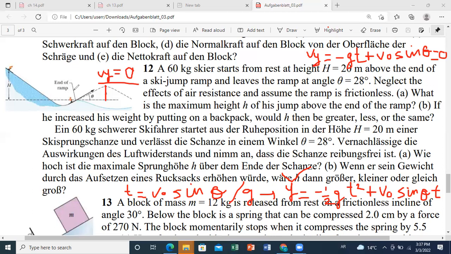If you have the same initial velocity and same angle, whatever your mass, the equations will not change because the acceleration will be the same. Whatever your mass, the acceleration is minus g. This is why a different mass will not affect the result as long as you keep the same values for big H and for your angle theta, of course.